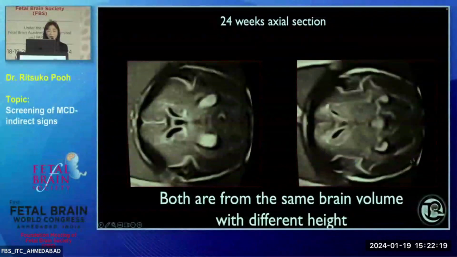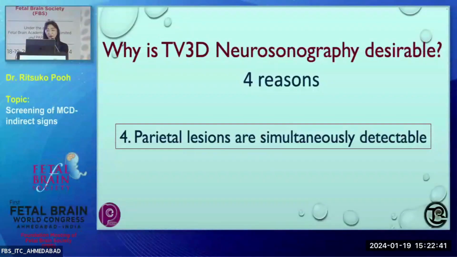However, here you can see both images, at 24 weeks of gestation, both from the same brain volume with a different height. So it is slice sensitive. You have to think about that, and then you can look at the Sylvian fissure.